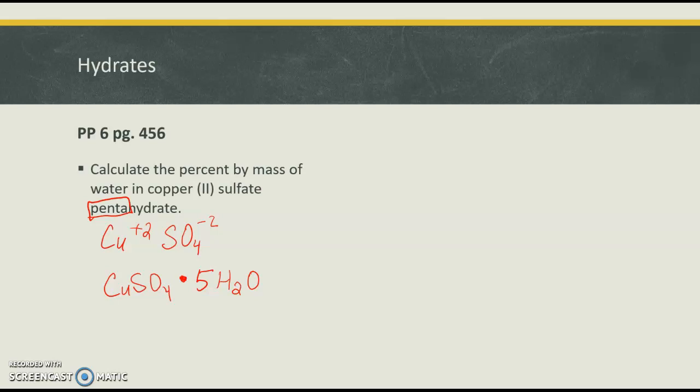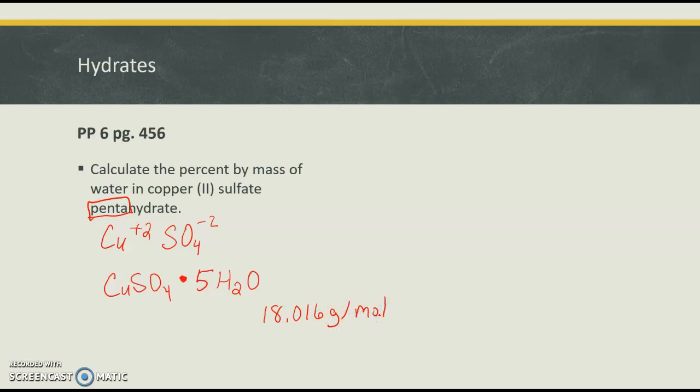At this point, pause the video and find the percent by mass of water in copper 2 sulfate pentahydrate. Let's check your answer. Remember that the mass of water is going to be 18.016 grams per mole.